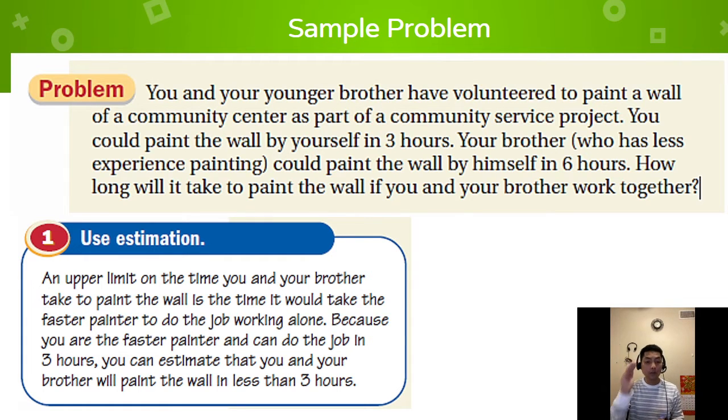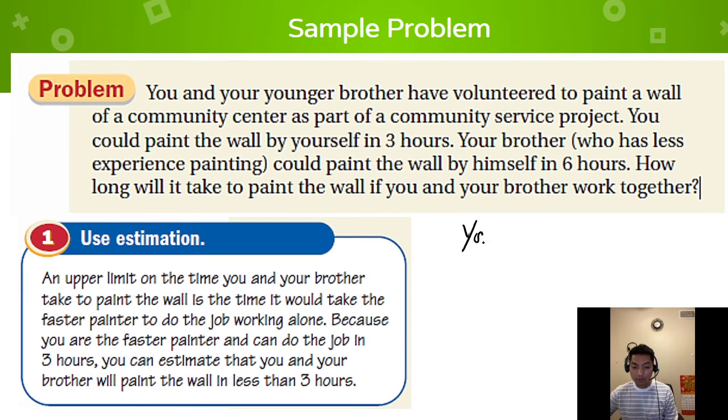That you can paint the wall in 3 hours. Now, because you are the faster painter and you can do the job in 3 hours, you can estimate that when you and your brother are painting it, it will take just less than 3 hours. Okay? Let me write those remarks on the side.